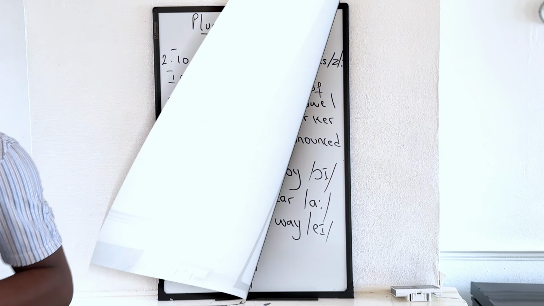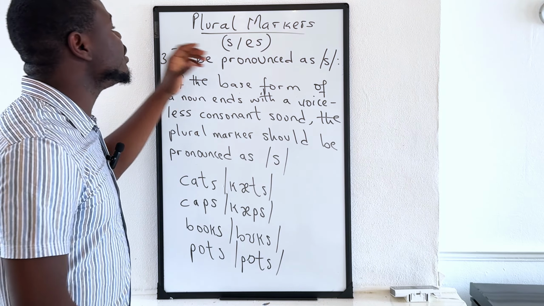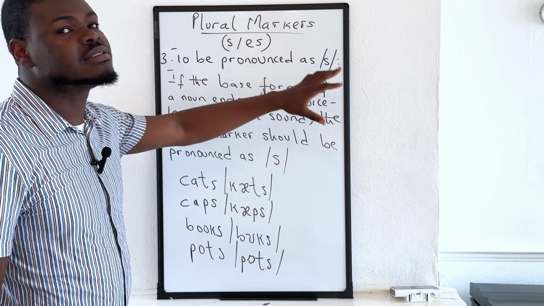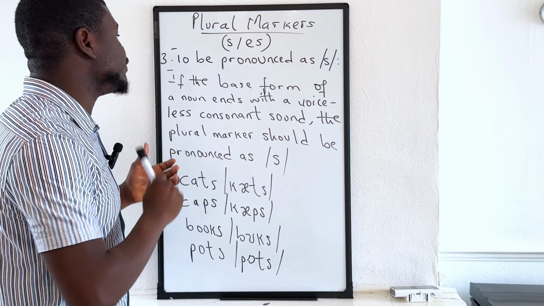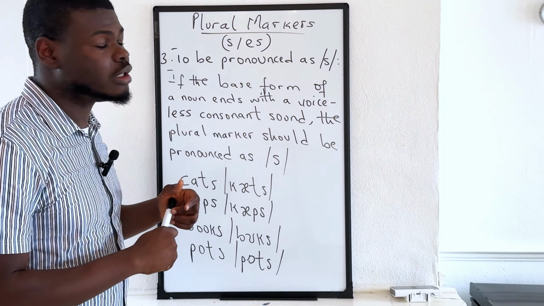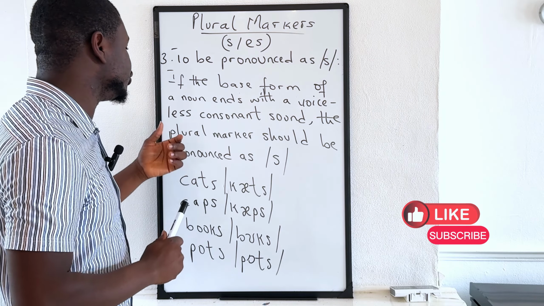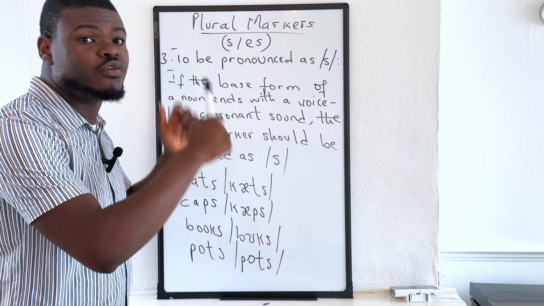Rule number 3 says that to be pronounced as S, if the base form of a noun ends with a voiceless consonant sound, the plural marker should be pronounced as S. I'll go over that again.